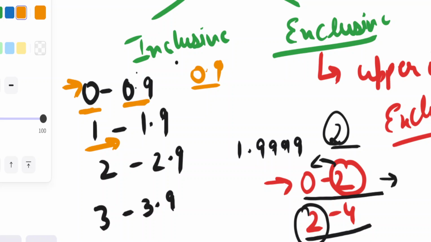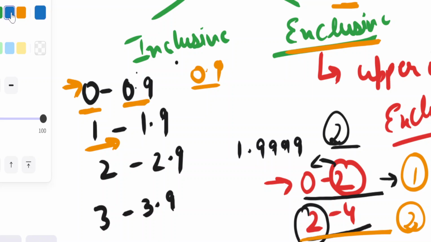Now how can we find out whether it is an inclusive series or an exclusive series? The basic and simplest difference that one could understand is, in an exclusive series, the upper limit for the first interval and the lower limit for the second interval are same. I repeat it.